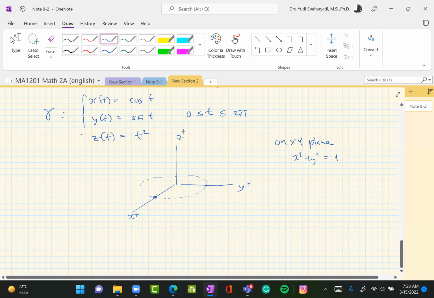Okay. But then you have also z directions. Okay. So you're not only restricted to the xy plane, but going, see the endpoints now, you have a height here, 2 pi and then square. Okay. So in the end, you're going this way. Well, you're like going on a tube. Okay. So you're going this way.